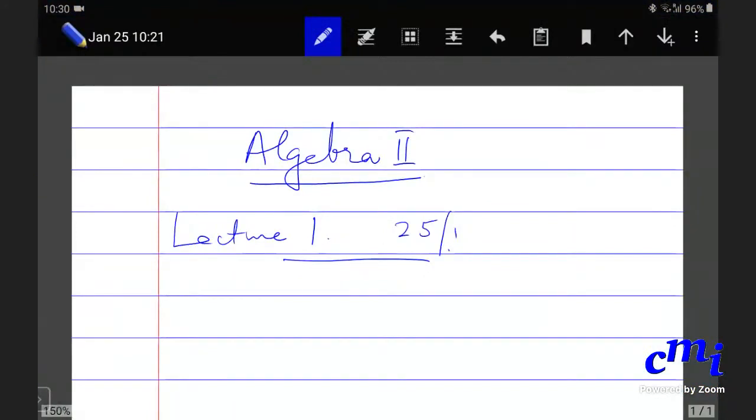So this is Algebra 2. It's sort of a continuation of the course that you did last semester. So that we are on familiar ground, we will start with linear algebra. About a third of the course will be linear algebra, a continuation of the things that you did last semester, and about two-thirds of the course will be group theory.